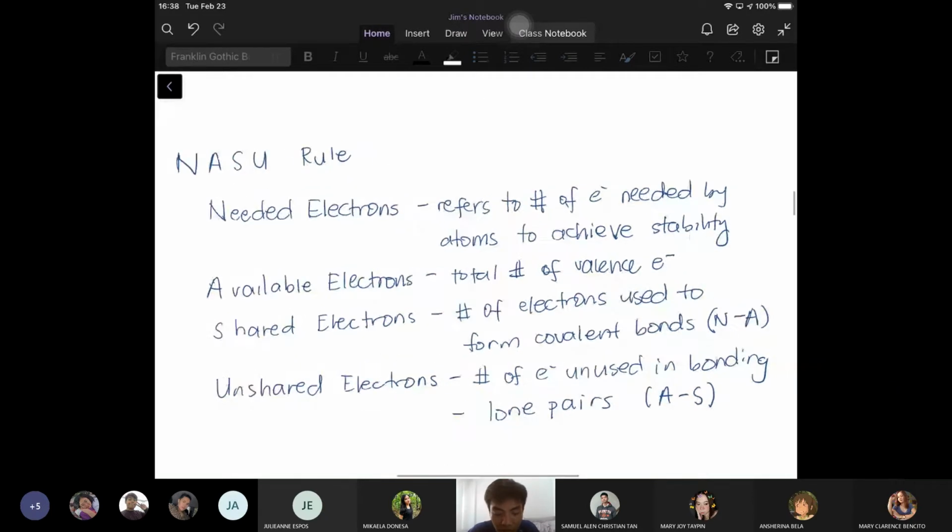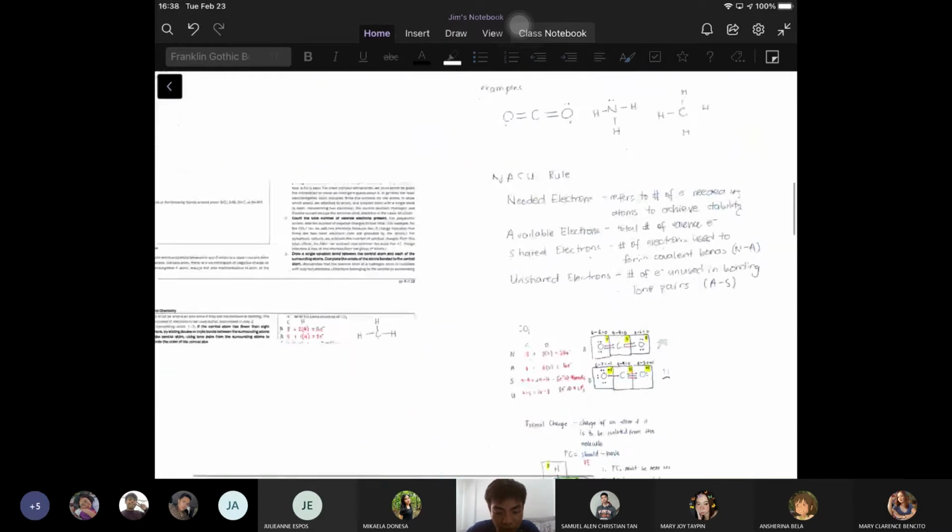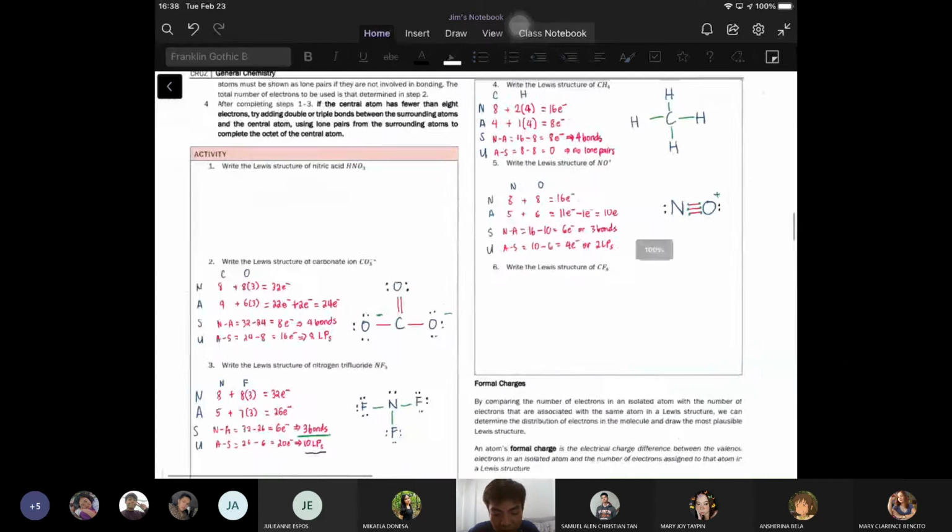So to determine how much unshared electrons you have, the formula is A minus S. So that's available minus the shared electrons. And that will give you the unshared electrons. Just divide it by 2. So you will determine how many lone pairs you have for your molecule. Okay? So yan, ginamit natin yung NASU rule in order to draw lots of molecules here.